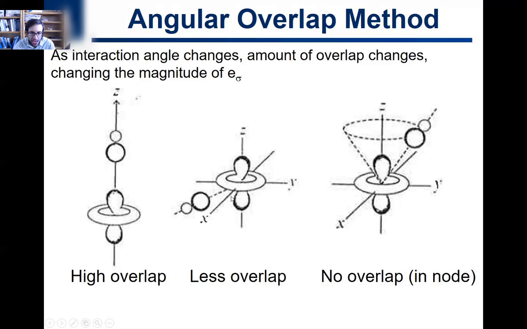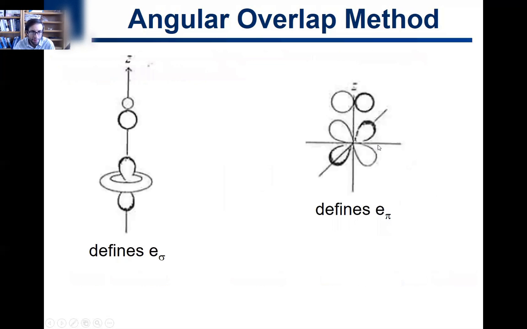Here you have side-on interactions, bonding through the donut of dz squared, which gives you less overlap. Here you have the p orbital of the ligand at a different angle, and it's actually in a node, so that's going to give no overlap. The degree of overlap is in part what determines the magnitude of E sigma.